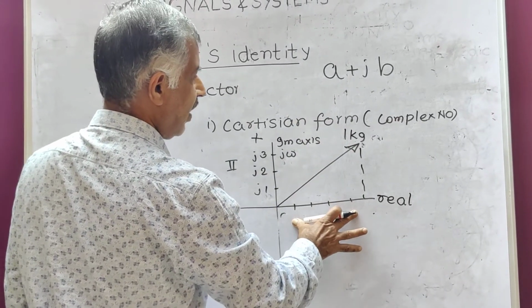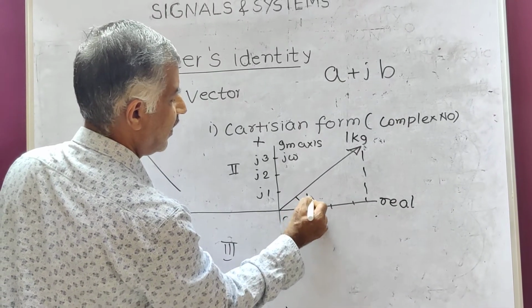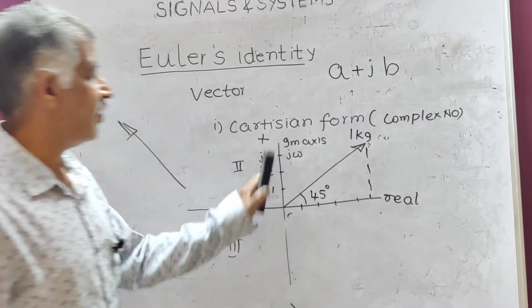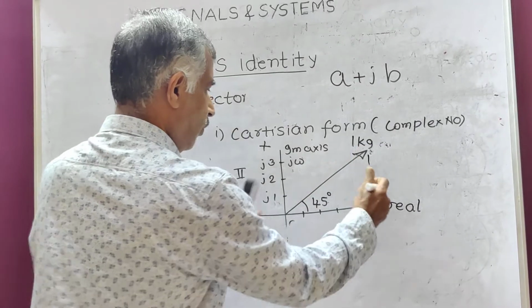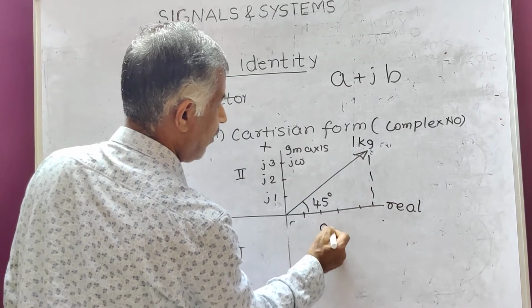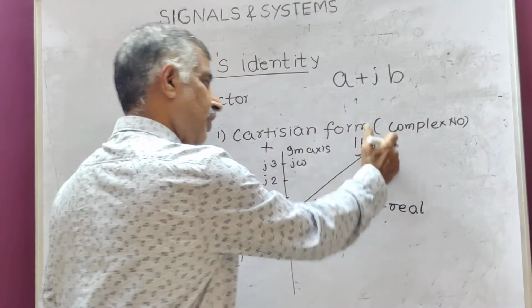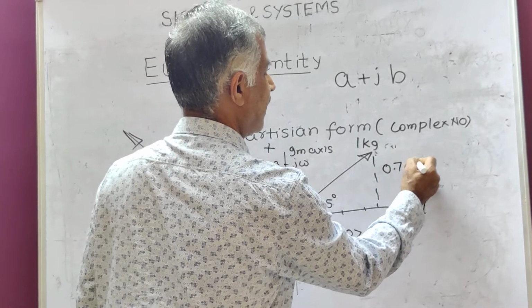If you measure this length, and if this angle is 45 degrees, then if you measure this length, it will be 0.707. And if you measure this perpendicular distance, it will be 0.707.